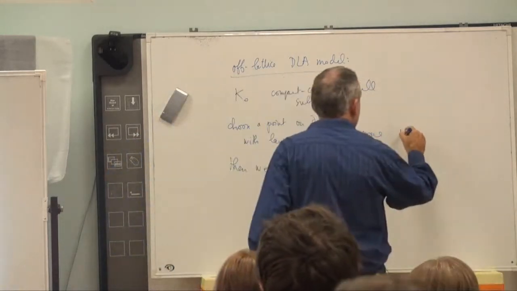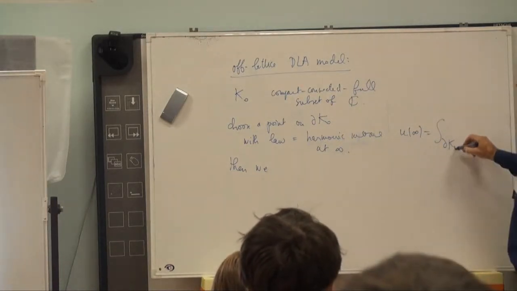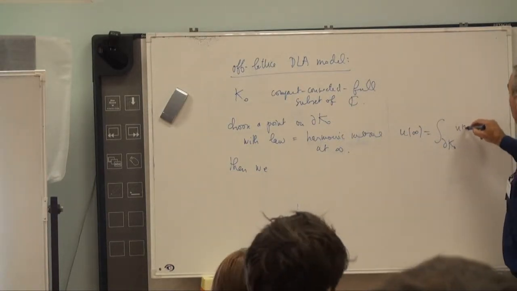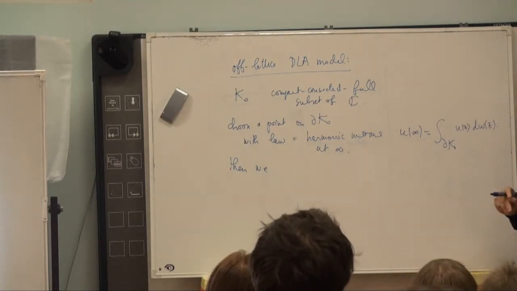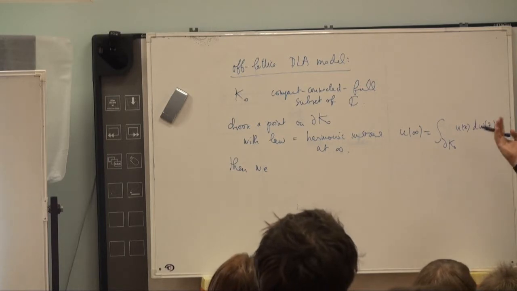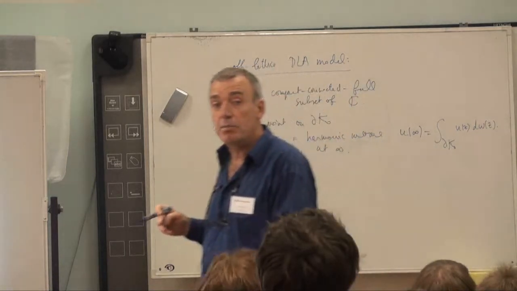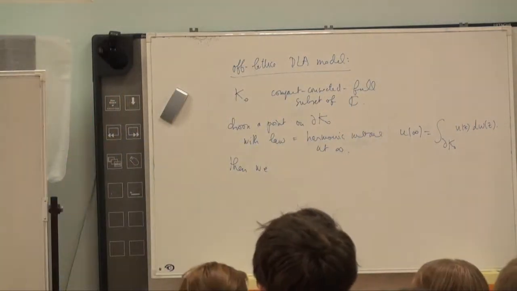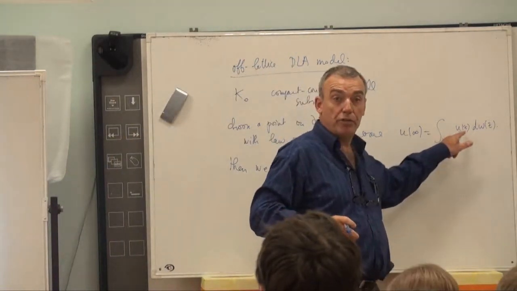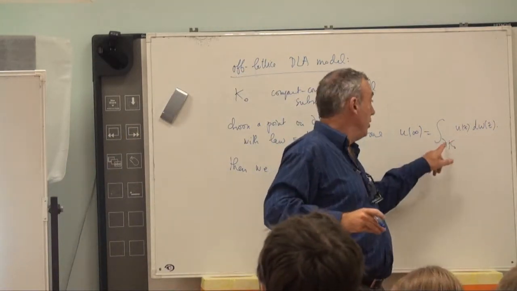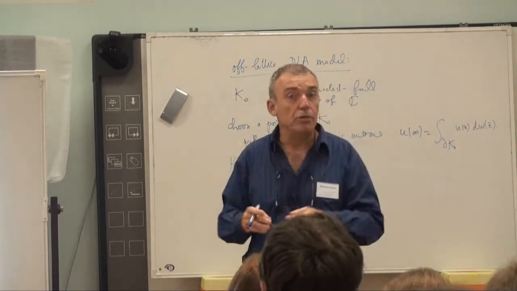So u of infinity is the integral over the boundary of K0 of u of z d omega. This is a version of the maximum principle. By the maximum principle, the value at infinity is completely given by the values of the function on the boundary, and it is the integral of this function against a measure, which is exactly harmonic measure.